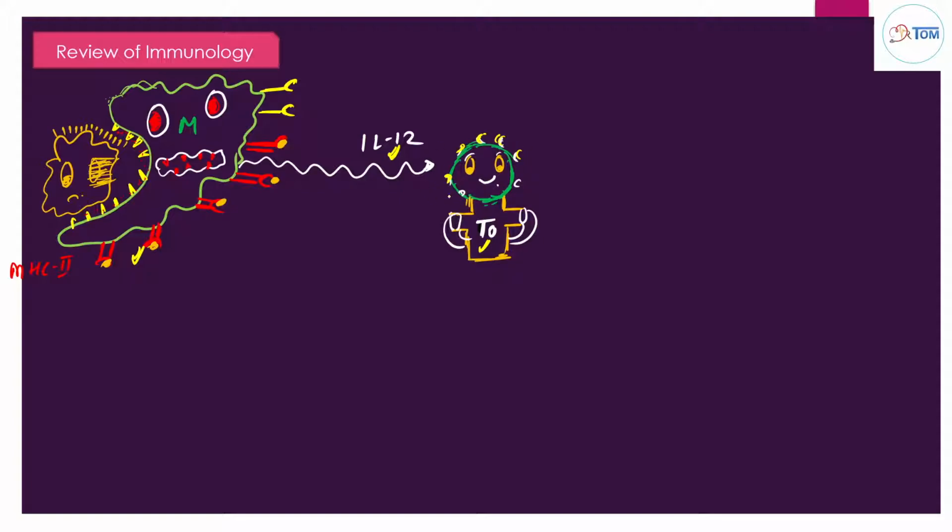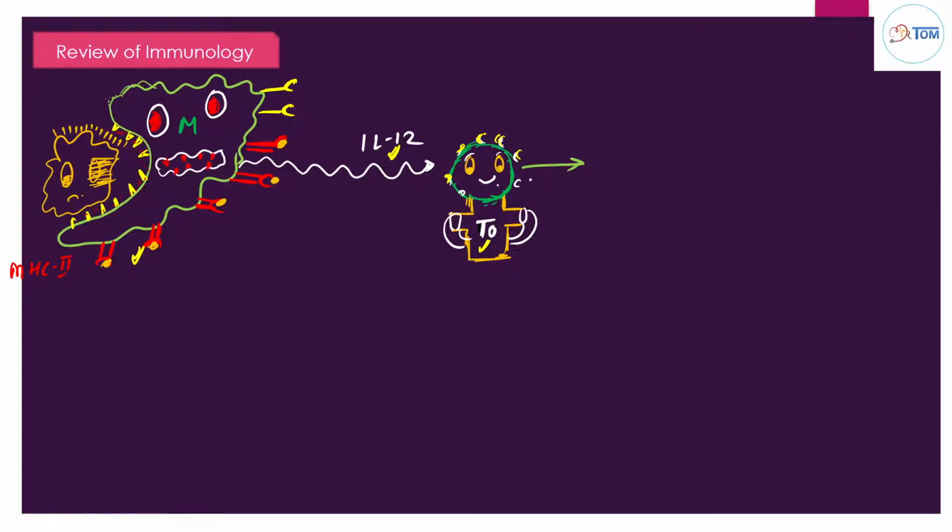This IL-12 activates this T0 cell, and always remember that this T0 cell is going to transform into a T helper 1 cell. It is a T1 cell, right? This is very important.